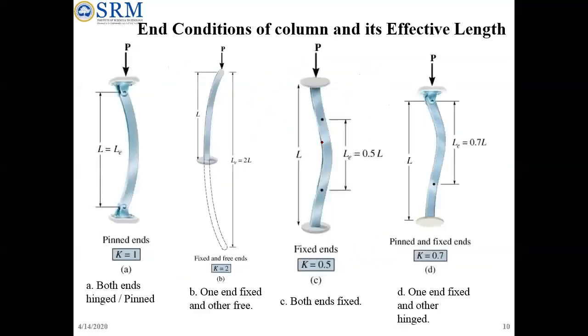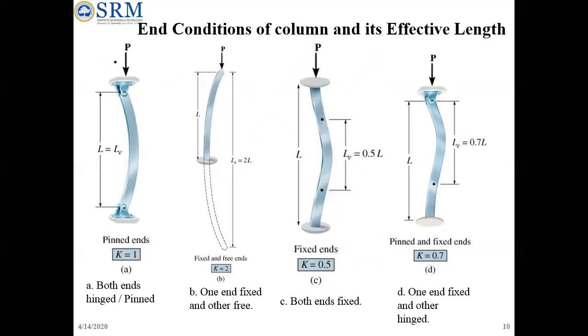Now when you have end conditions, these are the end conditions of a column and its effective length. The first is hinged at both ends, the second is fixed at one end and free at the other, the third is fixed at both ends, and the fourth is fixed at one end and pinned at the other end.